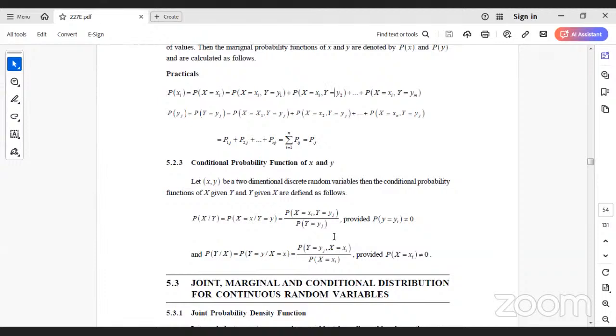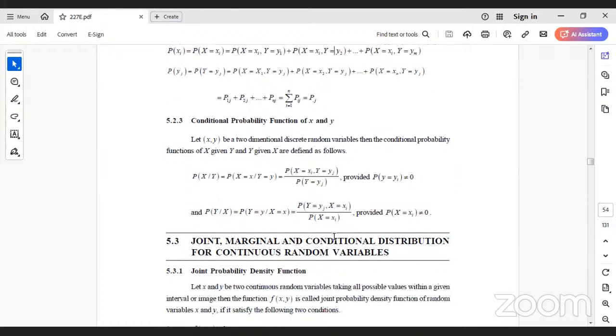Let (X,Y) be a two-dimensional discrete random variable. Then the conditional probability function of X given Y, and Y given X, is defined as follows. See here, all of you. P(X = xi | Y = yj) is p(xi, yj) divided by p(yj), provided p(yj) is not equal to 0.